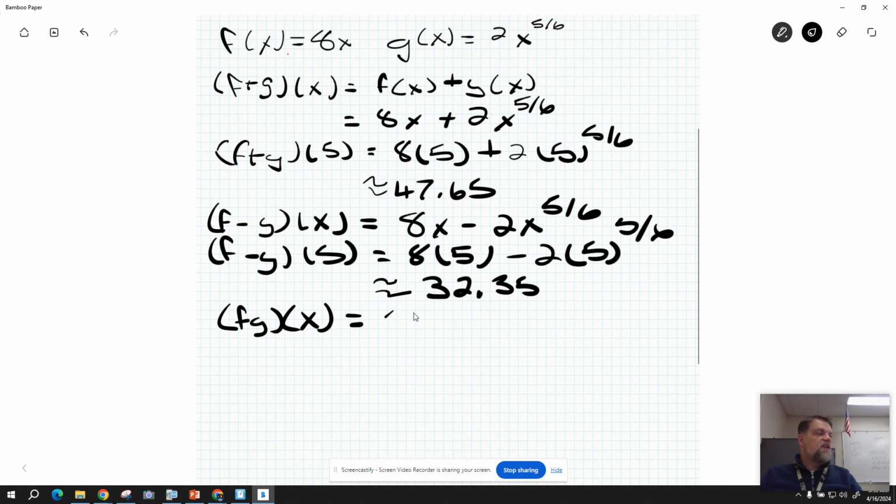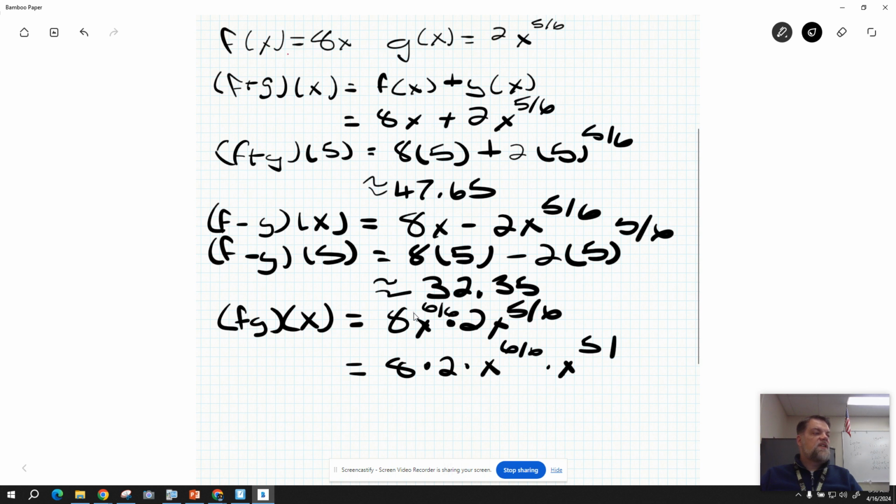Next we're going to do f times g of x. And so that's different because I'm going to say 8x times 2x raised to the 5/6. Well, this is x to the first power, but technically isn't that 6/6? So you would say, Mr. Adams, why do you want to do 6/6? Well, because I'm going to add those. In other words, I'm thinking 8 times 2 times x raised to the 6/6 times x to the 5/6.